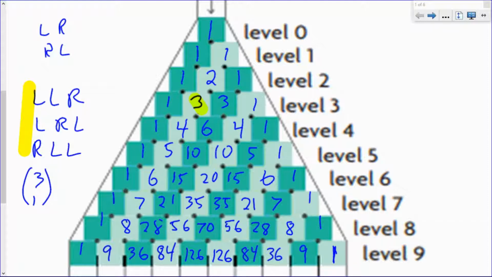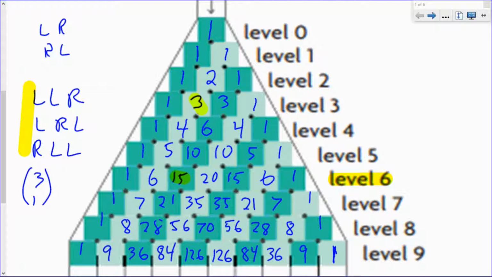If I move on to a more interesting example, like let's look at 15 here. How do we get a 15 there in level 6? If we look at this, we realize that there have been 6 left and right turns when you get to level 6. So all of these represent L's and R's of length 6. Well, this one here at 15, there have been exactly 2 right turns, and the rest are all left turns.